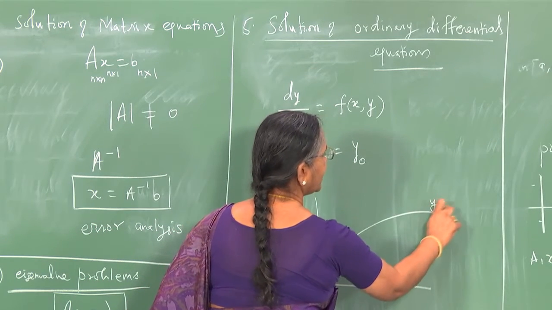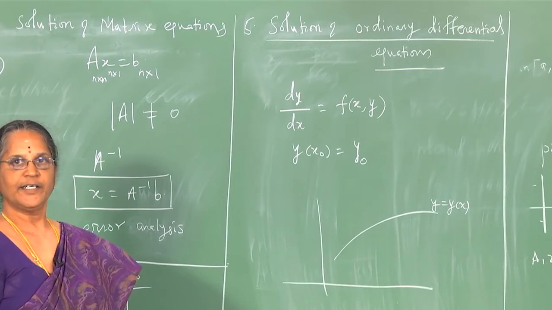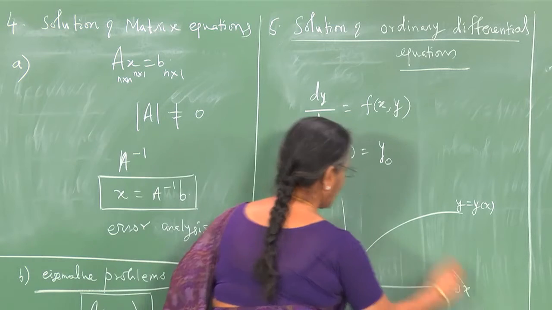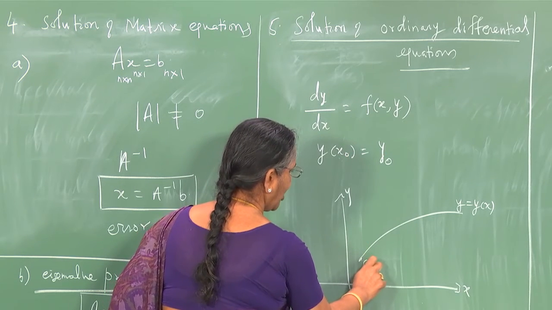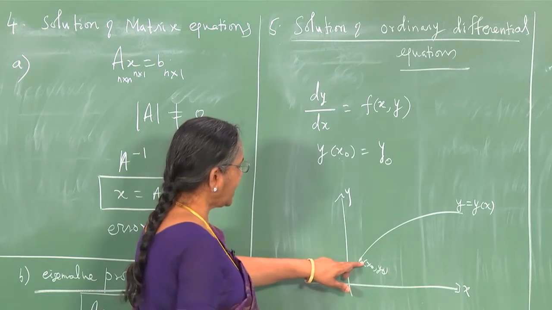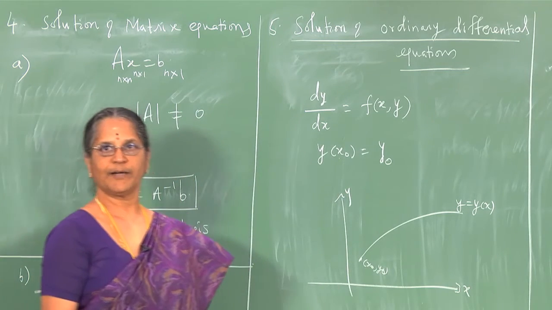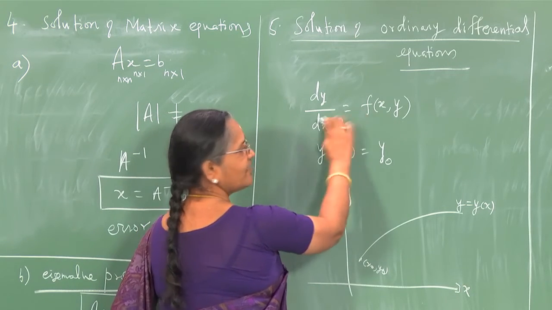You end up with its solution as y is equal to y of x, which is a smooth curve in the xy plane such that it passes through the point x naught comma y naught, because y at x naught must be y naught. And some additional information is given to us.